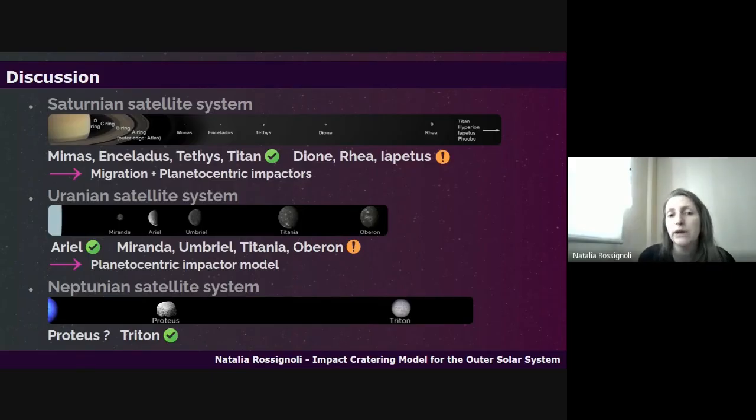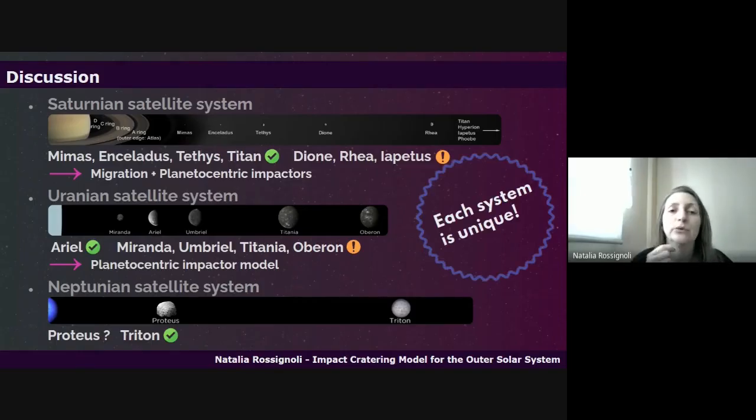But instead, we can use our model to constrain the time that Triton arrived or joined the Neptunian system. And in the case of Proteus, our model would be more suitable because it's a regular satellite, but we are hoping we can have crater counts for these satellites in the future, with a future mission, for example.